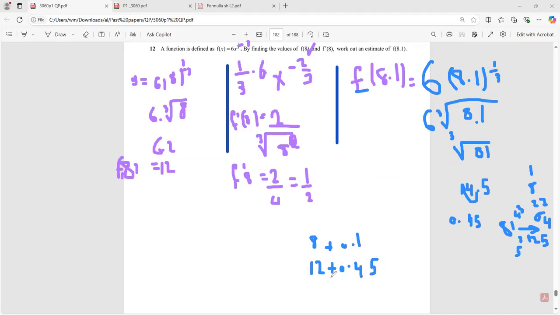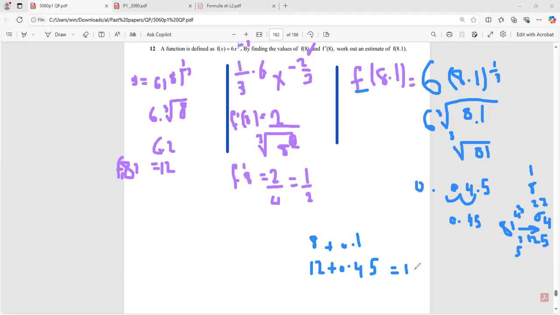By approximation, here is 2 dp, so we are going to move it for 2 dp.